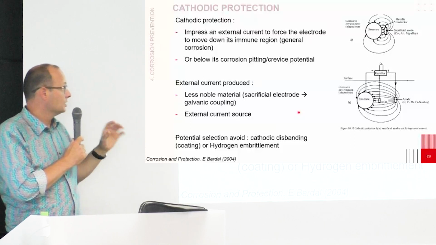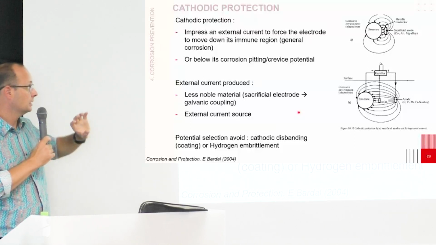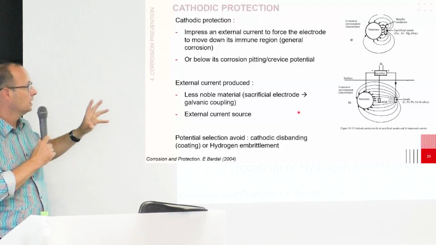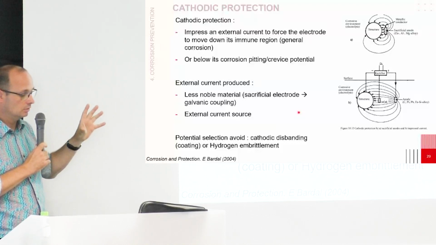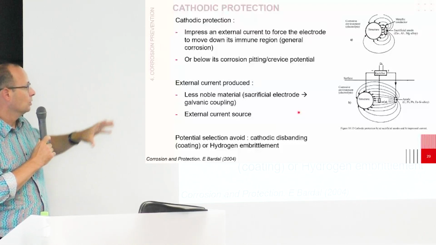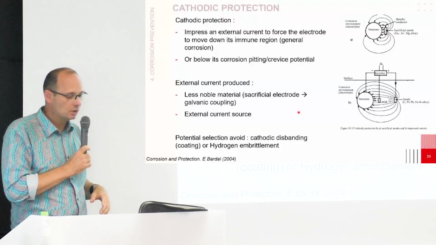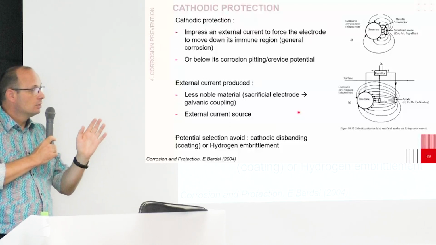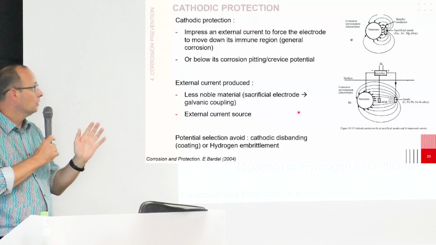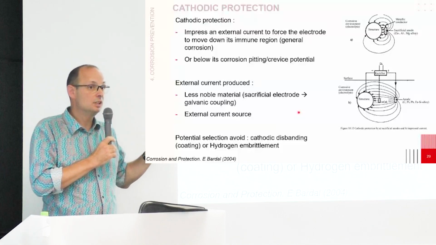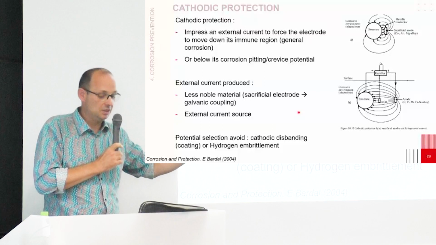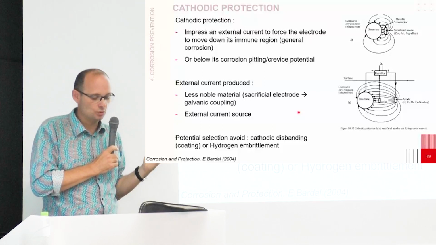So the potential has to be really well selected, and there is very specific knowledge needed to apply this potential, because if you slightly shift this potential, you can move the material from an immune domain to a pitting or crevice domain that you should avoid.